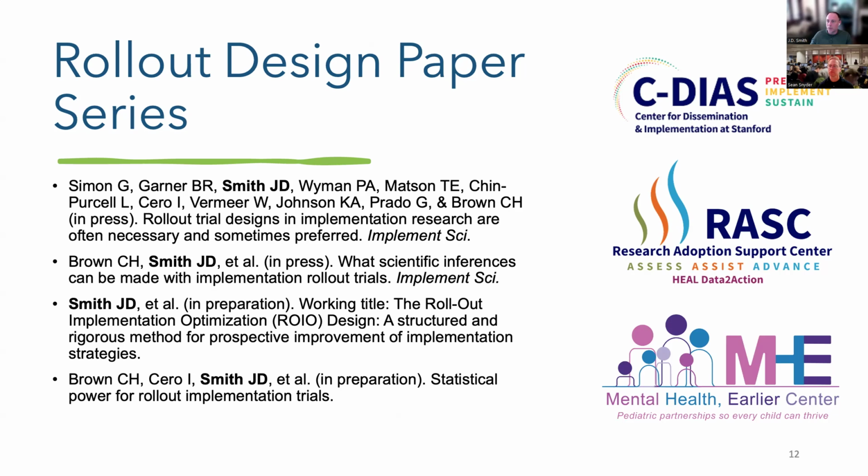And this has been accepted for publication in Implementation Science and probably will come out before the end of the month. I'm also working on the kind of seminal ROIO trial paper that I hope to get submitted early in the new year. And then we have a fourth paper that is in preparation about calculating statistical power for rollout implementation trials that also has a really nice R package to assist people.